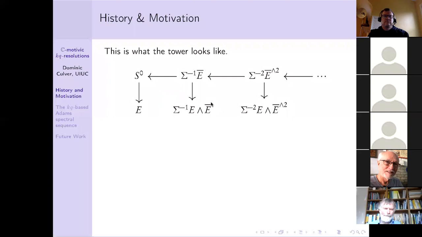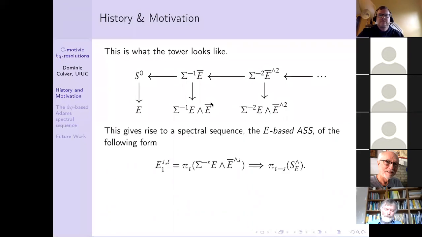Of course, remember that you can extend cofiber sequences, so there are connecting homomorphisms over here, if you like. You can apply homotopy to this, so you can apply pi star to this, and you get an exact couple. The pi star of the stuff in the bottom row is precisely the E1 term.